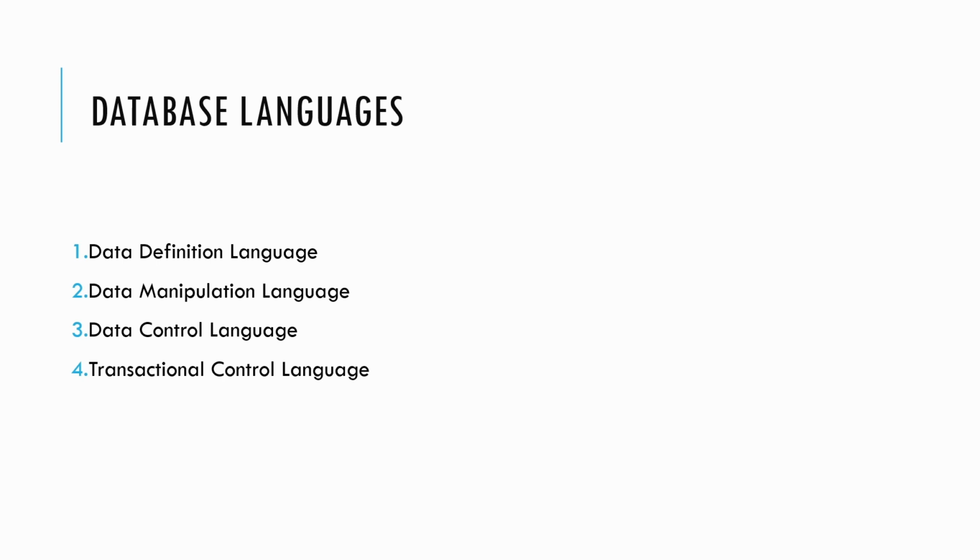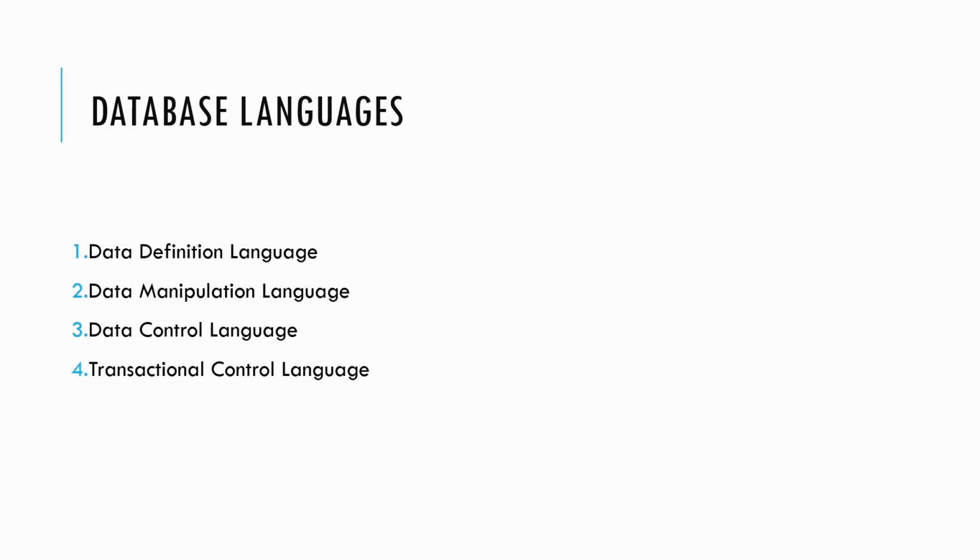Manipulation is if you update or insert or alter, whatever it is, it comes under manipulation. Data control is controlled by the user. It is restriction or permission; those kinds of actions are taken under data control language.